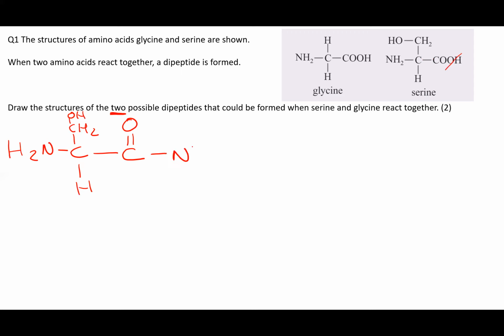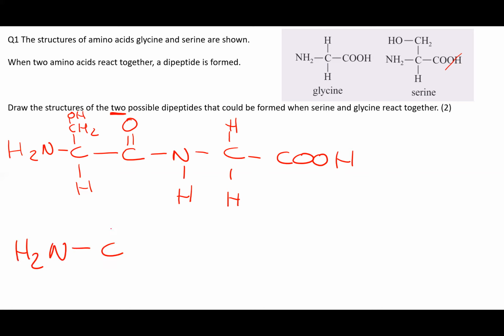Then it's going to bond with the nitrogen from my glycine. We're going to get rid of one of those hydrogens off there. And it's going to bond to carbon, hydrogen, hydrogen, OH. Other one we can draw is we could have H2N, H, H, C.